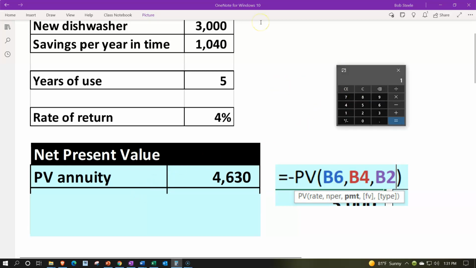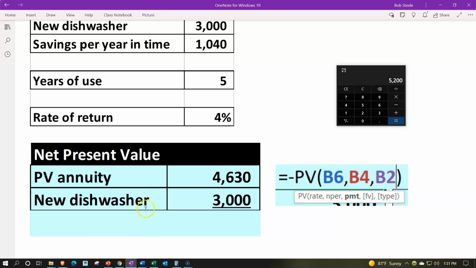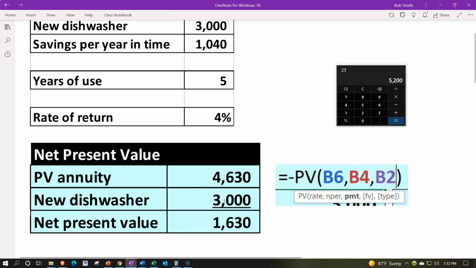So instead of saying 1,040 times 5 years, which would be 5,200, we're discounting it back at the 4% to value it at the 4,630, so that we can compare it to the current dollar amount of the dishwasher, the money going out, so that we have kind of apples to apples, outflows in terms of today's dollars and the inflows in terms of today's dollars. Subtracting that out, we get the 1,060 net present value.